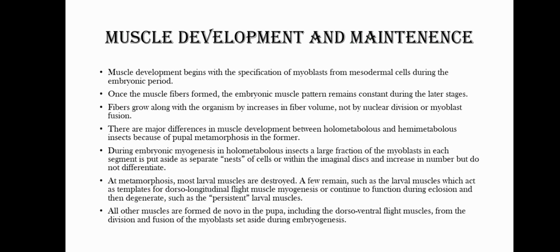At metamorphosis, most of the larval muscles are destroyed, but some persist, and these serve as a template for the dorso-longitudinal flight muscles, and they also continue their function during eclosion. Most of the other muscles present in the pupa are de novo in origin, and that mainly includes the dorsoventral flight muscles. They are formed by the division and fusion of myoblasts also.